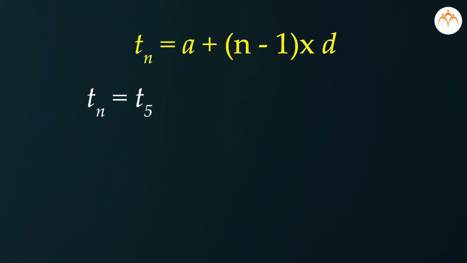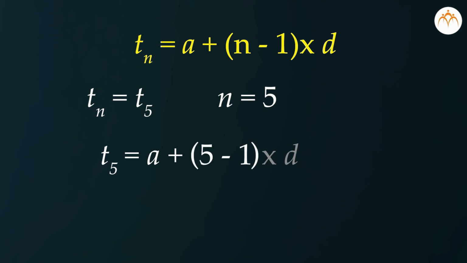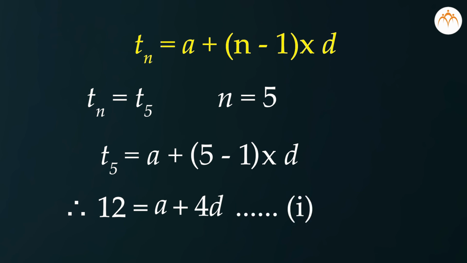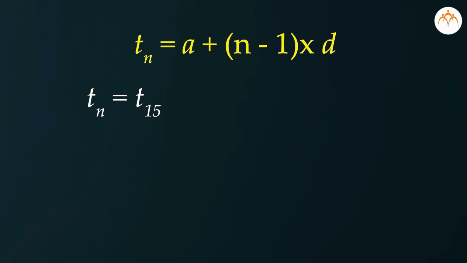When Tn is equal to T5, n is equal to 5. Therefore, T5 is equal to A plus 5 minus 1 into D. Therefore, 12 is equal to A plus 4D. This is equation 1. When Tn is equal to T15, n is equal to 15.